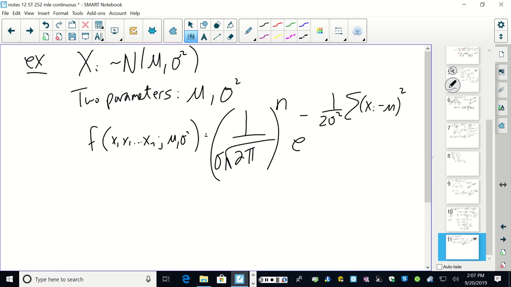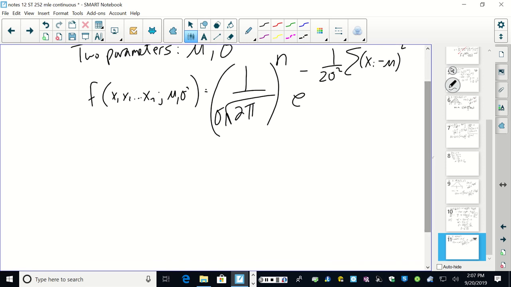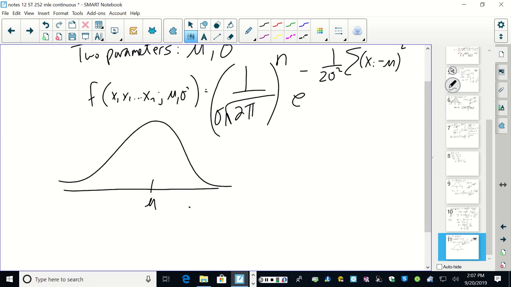So here's the normal curve. There's some value of mu, and then something like mu plus 2 sigma, or mu minus 2 sigma over here. And if you have some data points here, the individual densities are these heights up to this curve.